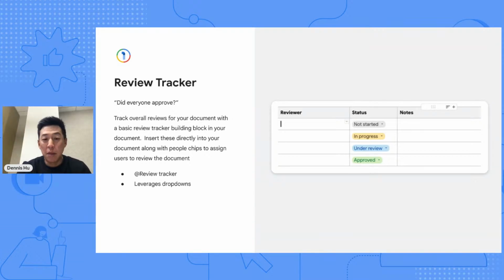You can still do the same thing here. You can create this table, put in a reviewer, add them to the reviewer list, and tag them in the same way that you've been doing comments. But it structures things in a way that makes it a lot easier for users and your collaborators to see what they need to do and take action on it. Super excited, and something that I honestly use all the time as well.